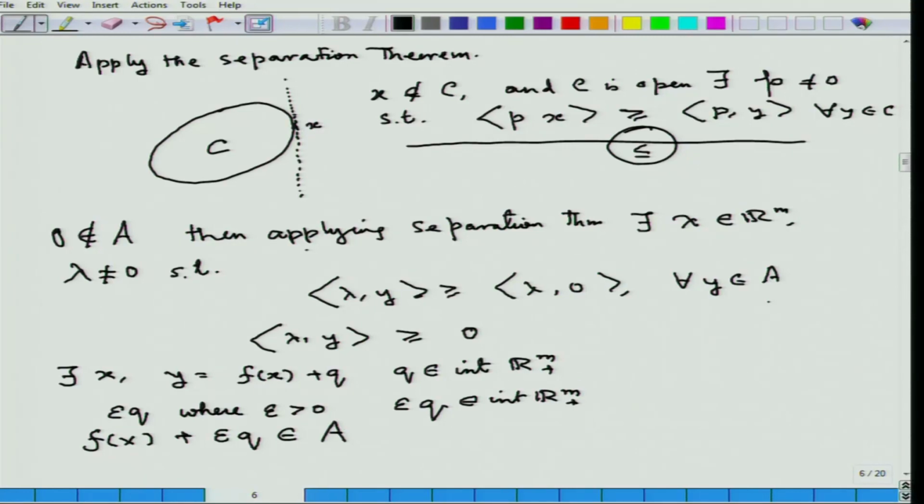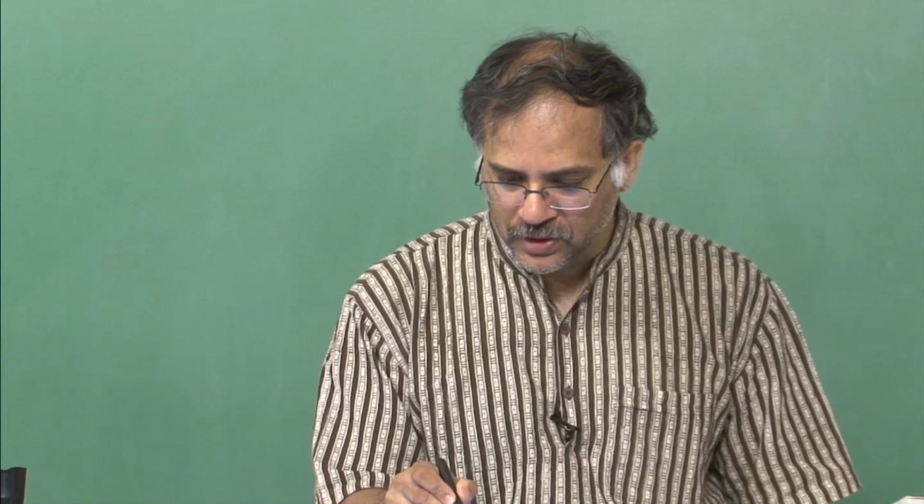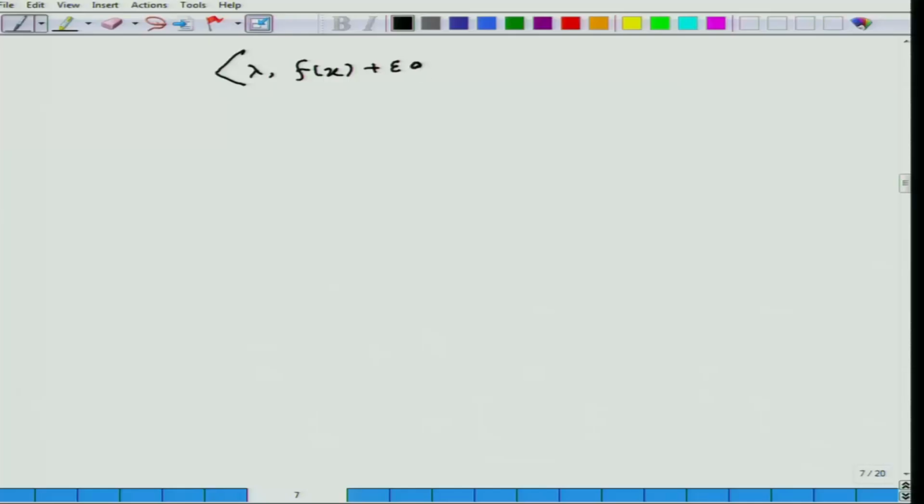So, now I can put this here to show that lambda times f of x plus epsilon q is greater than or equal to 0.